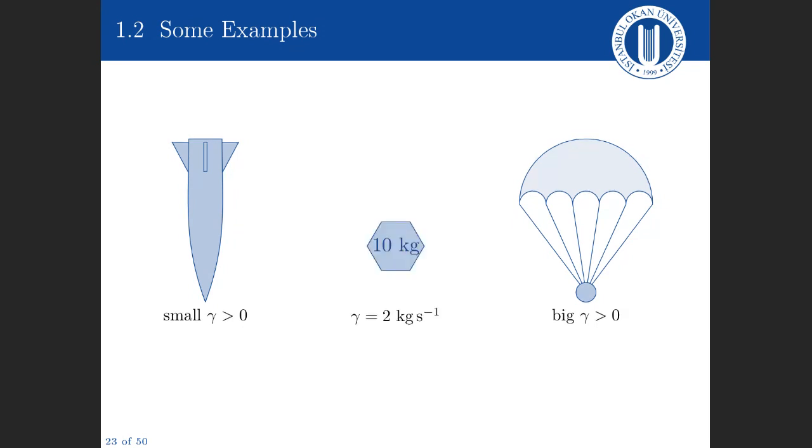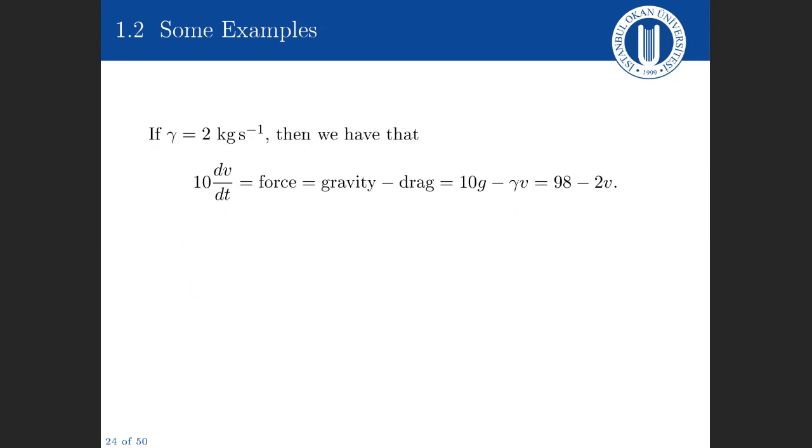For this example, let's choose a nice easy number. Let's suppose for our object, gamma is 2 kilograms per second. So mass times acceleration, that's 10 dv/dt, is equal to the force, gravity minus drag. Gravity, we've said, was 10g, or 98, and drag is gamma v.